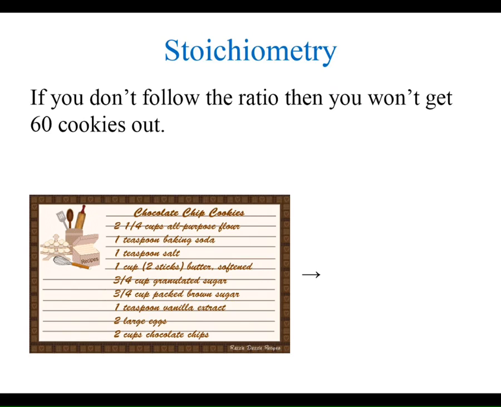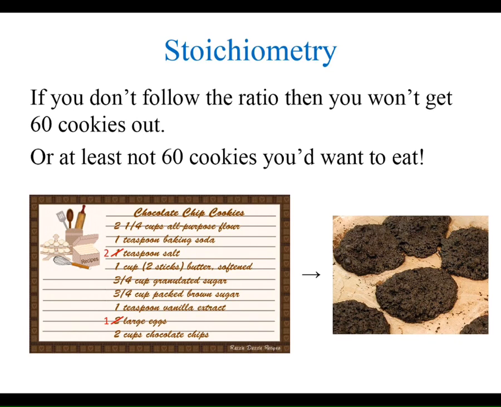So, for example, in a recipe, if I were to suddenly change the ratios, let's say I use twice the salt and half the eggs, I would not still get out 60 cookies. Or I might, but they wouldn't be cookies you'd probably want to eat, right? They'd be disgusting cookies. But the same thing in chemistry. If I change the ratio and it's balanced at 2 to 3 and I make it 4 to 3, now I won't get the same ratio of products.